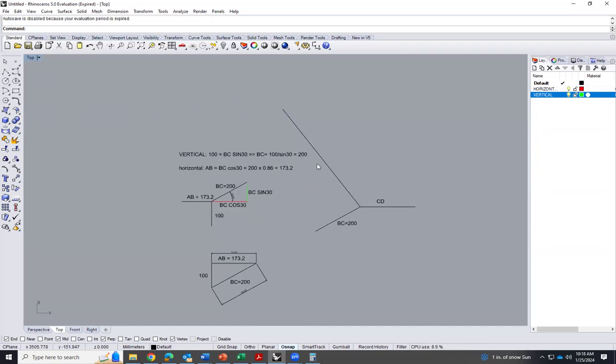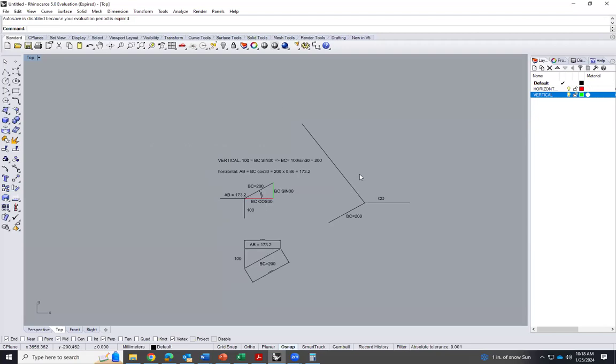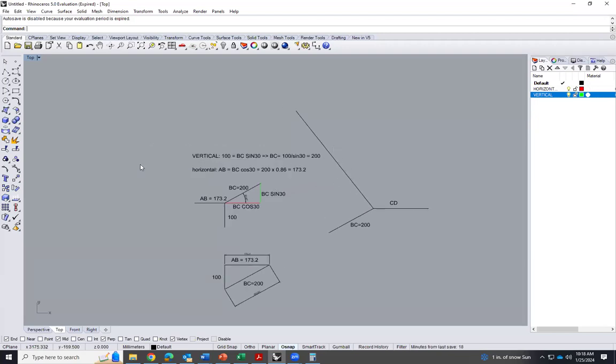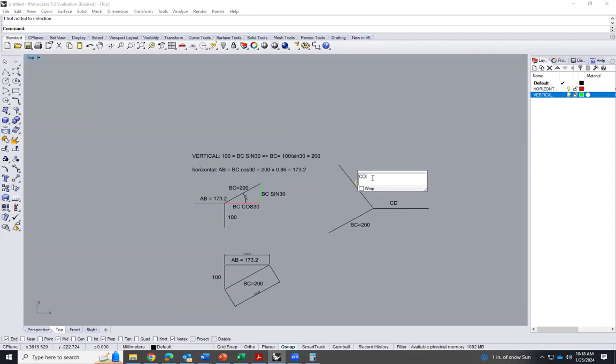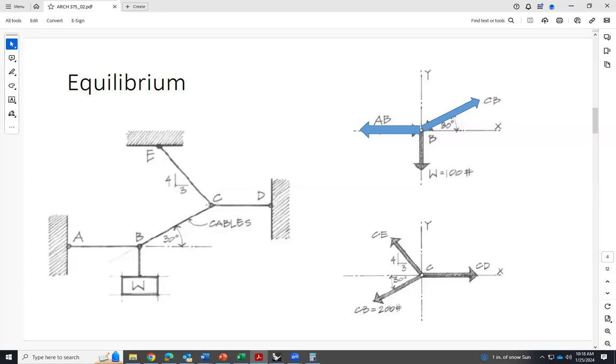Okay, so that's the polygon. If I think this is too big, I can trim, select this one, and delete it. Okay, and that will be CE. CE. And the angle is this 3 and 4.